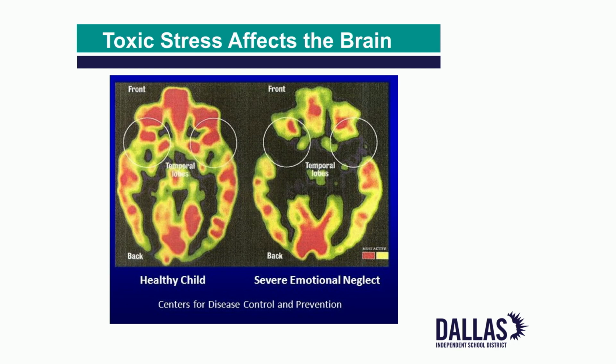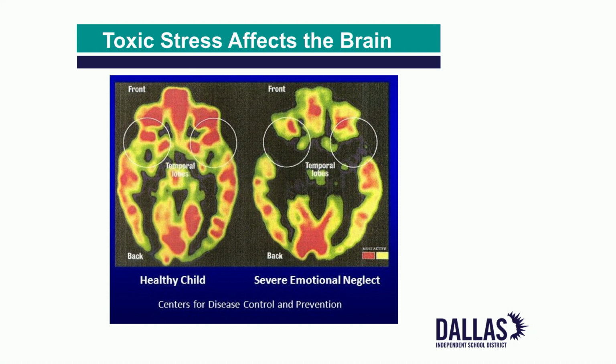On the left-hand side is an image of the brain of a healthy child, and on the right-hand side is the image of a brain of a child who's experiencing severe emotional neglect. When we see the image, look for the red areas. That shows the areas of activity in the brain. What you'll see is a healthy child has a lot of activity going on in the temporal lobes and the frontal lobes.